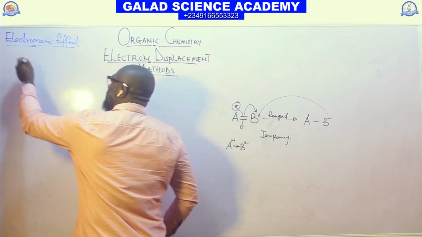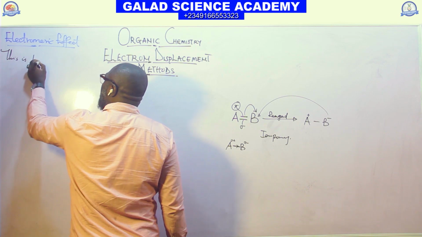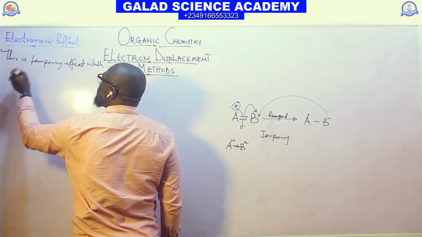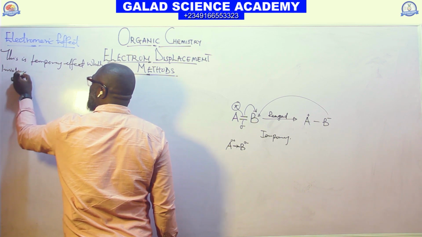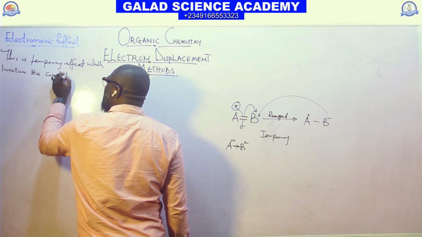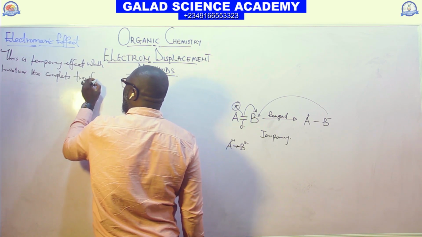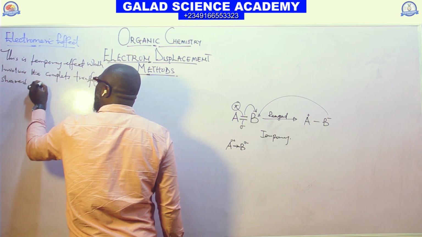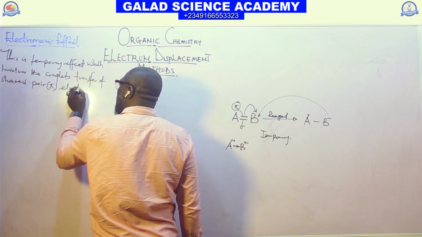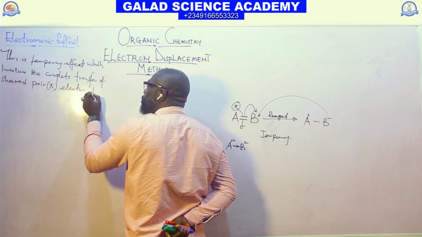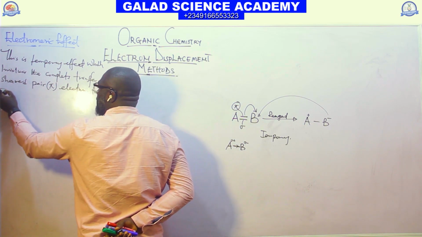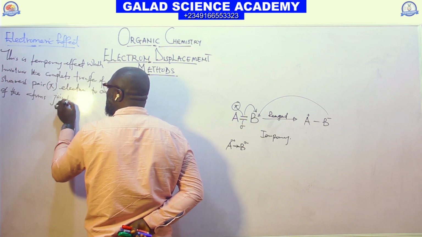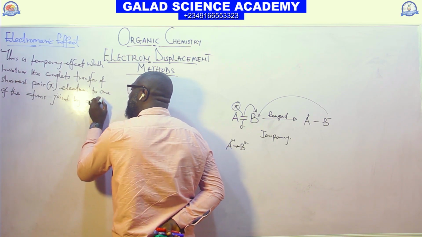By definition, it is a temporary effect which involves the complete transfer of a shared pi bond electron to one of the atoms joined by a multiple bond.